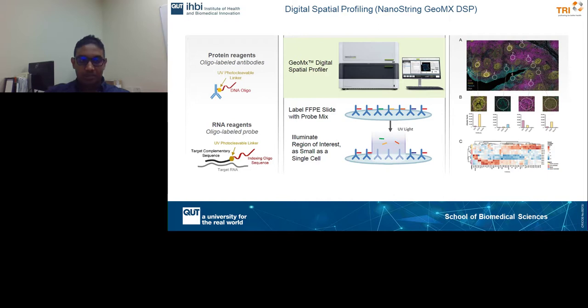So we looked at the protein target. So we were interested in profiling these tumors using the 40-plex immuno-oncology panel from NanoString, where the antibodies bind to a UV photocleavable oligo, and when regions of interest are chosen, the signal is liberated, and that can be counted.